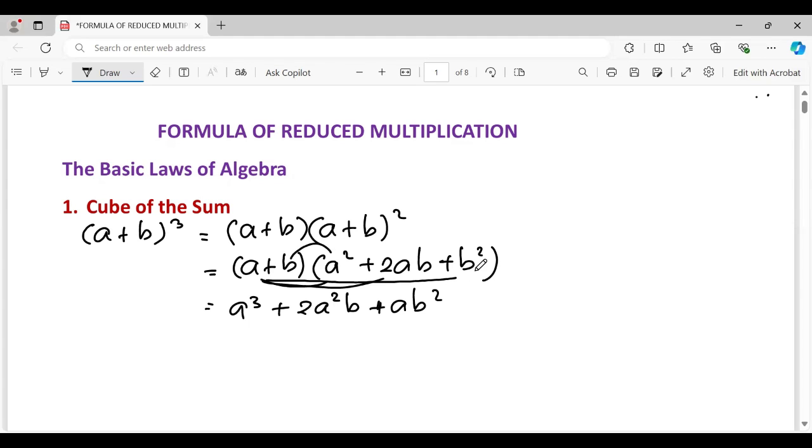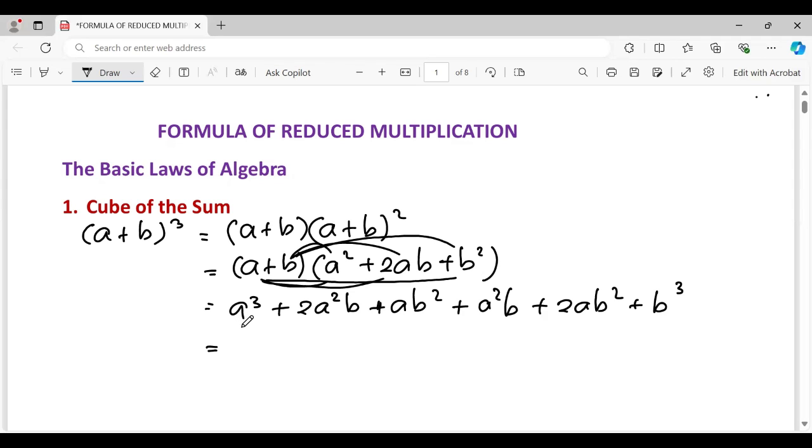Now b multiplied by a squared becomes a squared b, b multiplied by 2ab becomes 2ab squared, and b multiplied by b squared is b cubed.